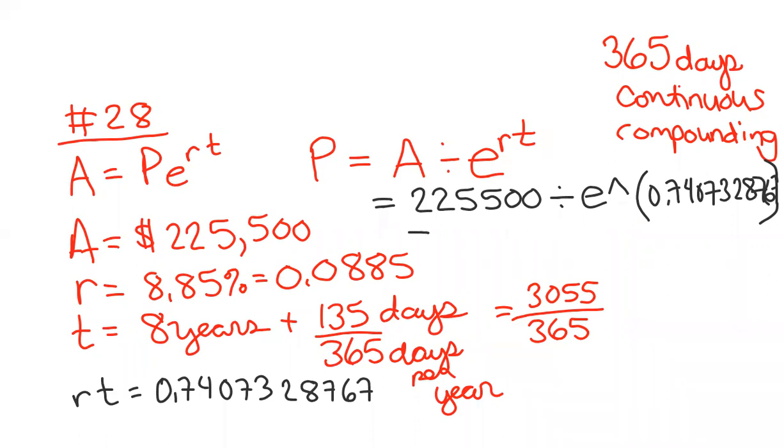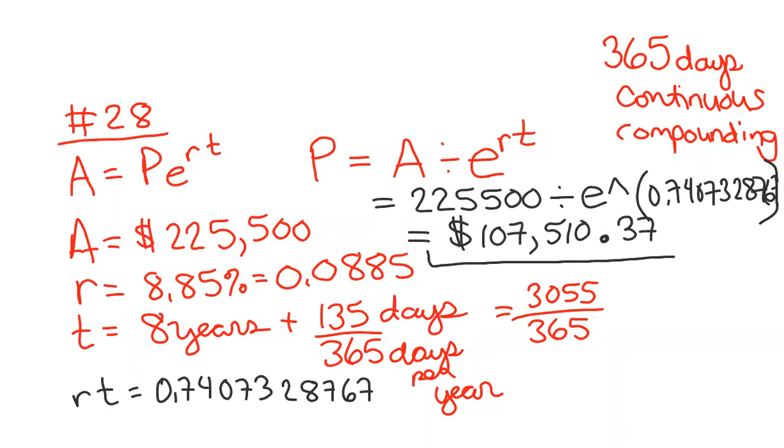So without any rounding, I get 107,510, and now 37 cents.